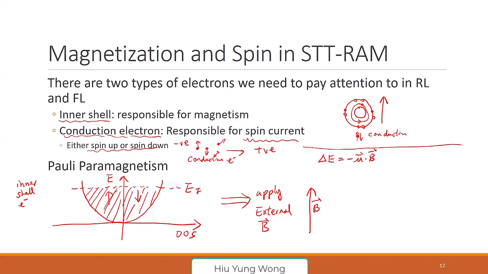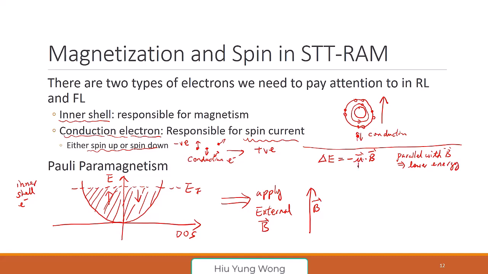I don't need you to memorize this, but basically it is saying that if the magnetic moment is parallel with B, you have lower energy, because you're in the same direction.